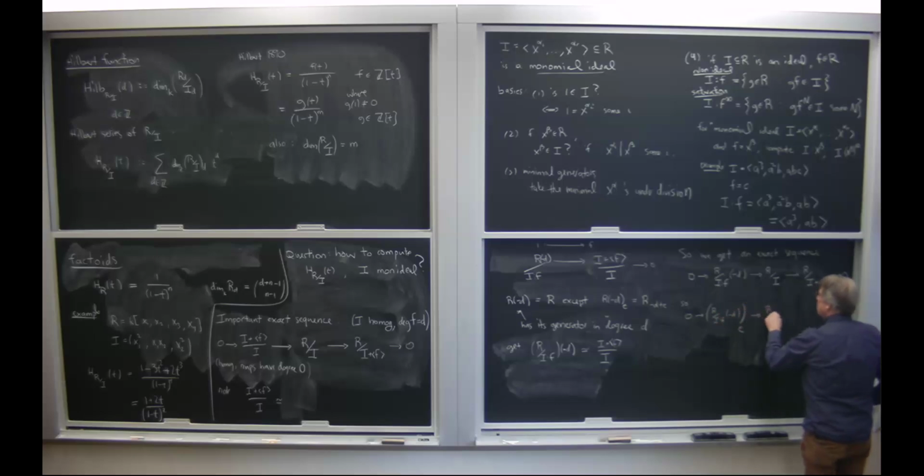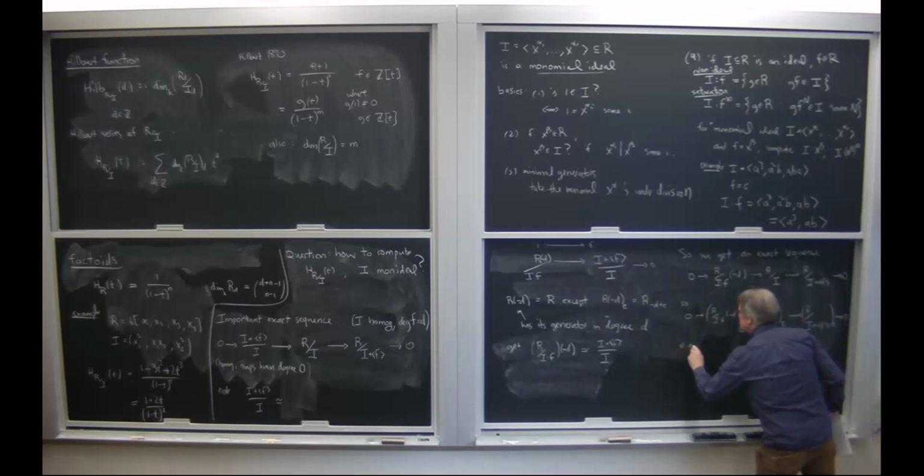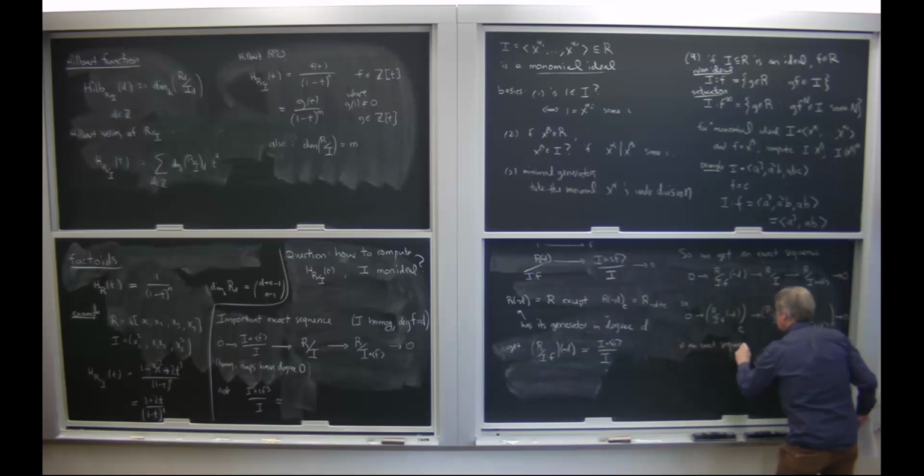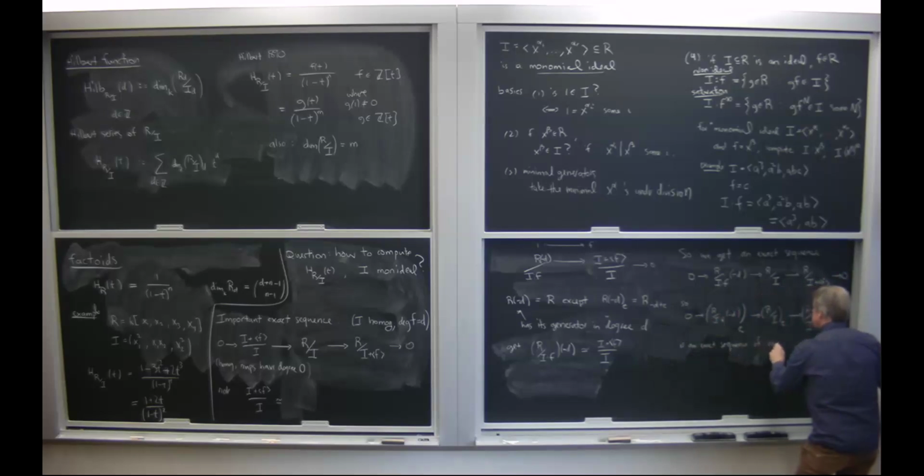This goes to R mod I in degree E, and this goes to R mod I plus F in degree E, and that goes to 0. This is an exact sequence of vector spaces for all E and Z.